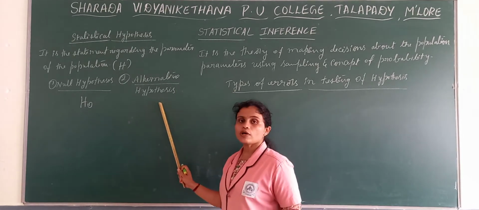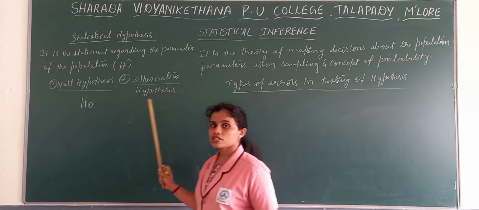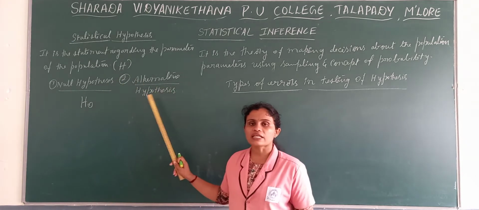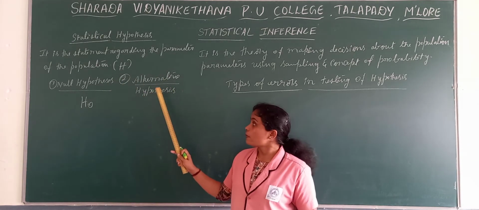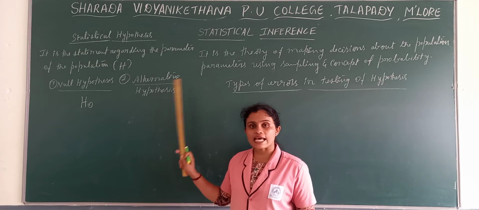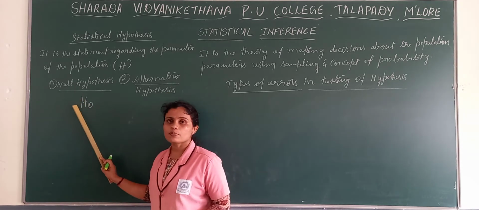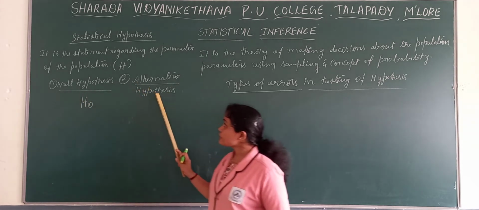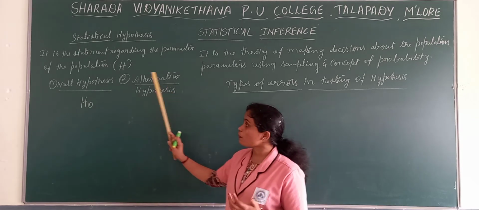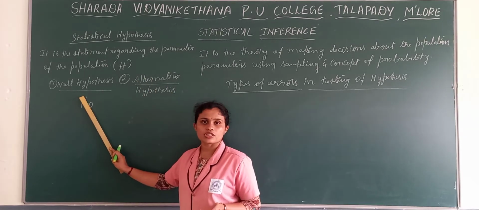And alternative hypothesis is also a statement regarding a population parameter, but it is accepted when your null hypothesis is rejected. It is complementary to the null hypothesis.